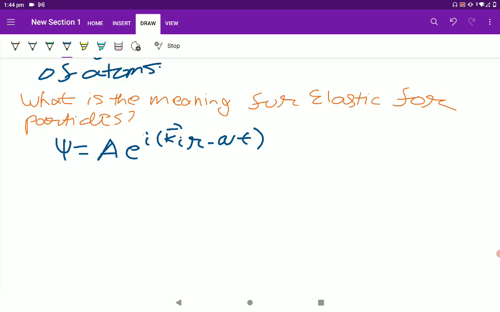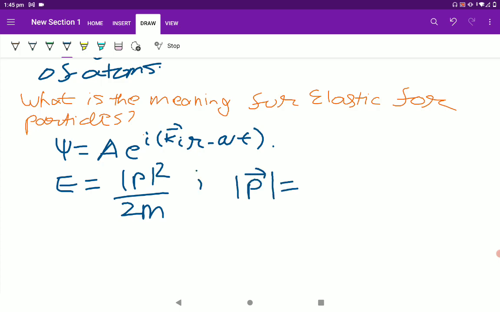So what is different in this case? The meaning of the wave vector. We know that in quantum physics the energy of particles is equal to the modulus of p square by 2m, and in quantum physics we give the momentum by this expression, p equal to h cross k.